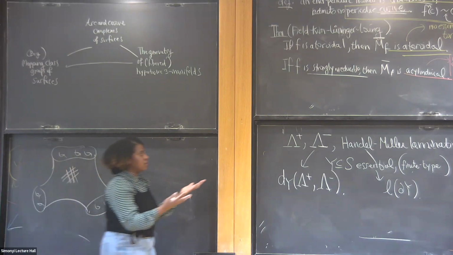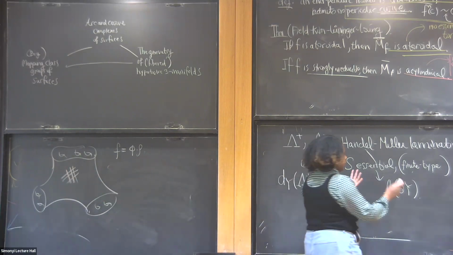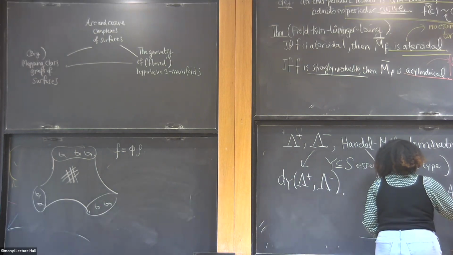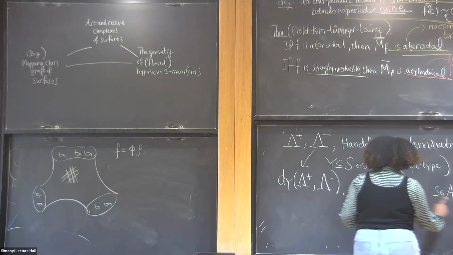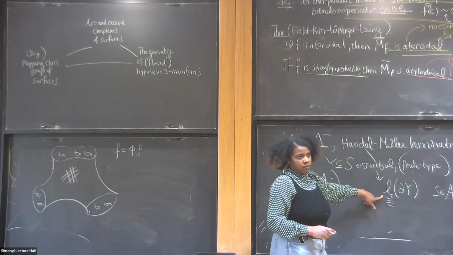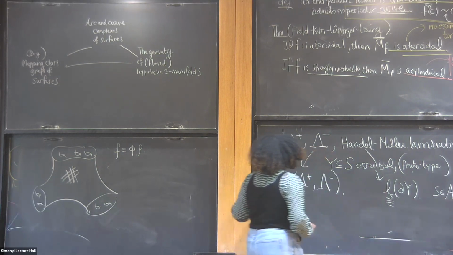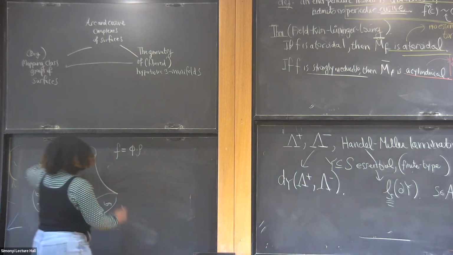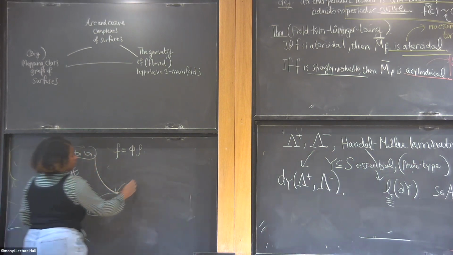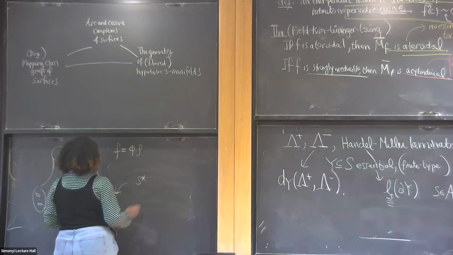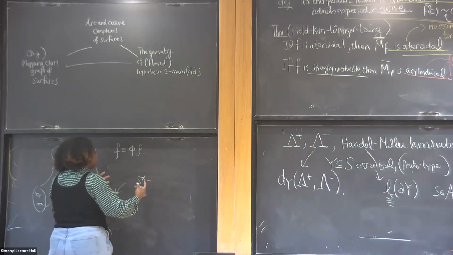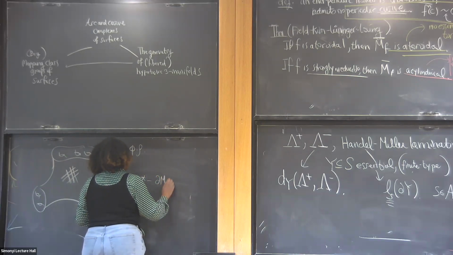So if I'm asking about the geometry, I need to say, okay, what hyperbolic structure? So I'll take some space of hyperbolic structures, I'll call it AH of M, and little s is in AH of M. I have to say, okay, what structure am I talking about? And when it's acylindrical, there is a really nice hyperbolic structure, where these boundary components, I'll say S star, there's a unique metric where the boundary of M is totally geodesic.